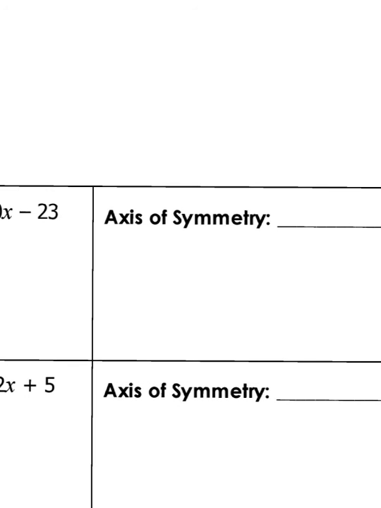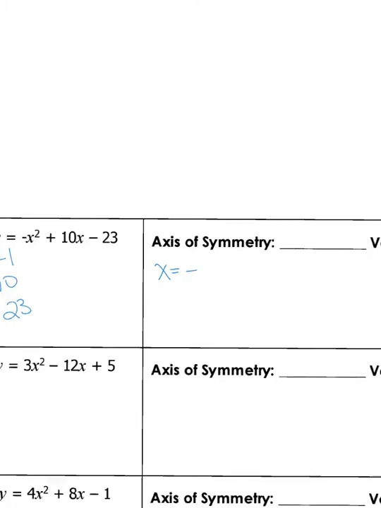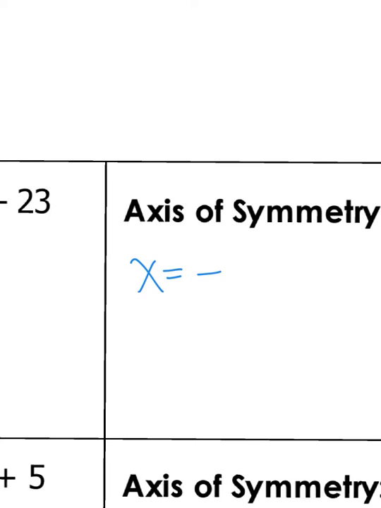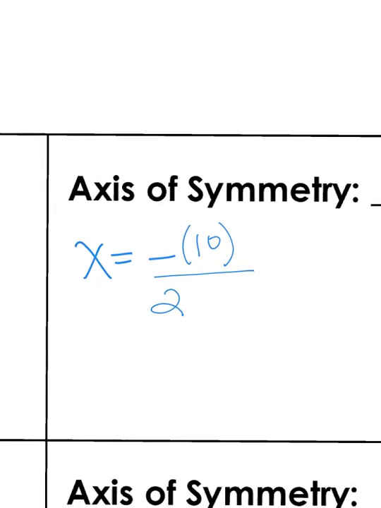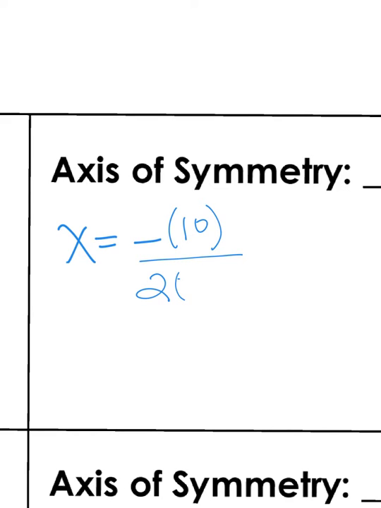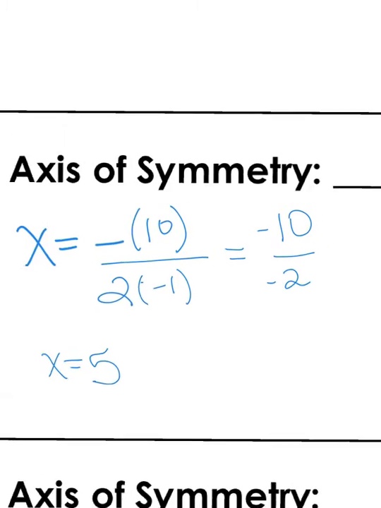So my axis of symmetry is going to be x equals negative b, so my b value was 10, put that in parentheses, divided by 2 times my a. My a value here is negative 1. So this is going to simplify to negative 10 over 2 times negative 1, which would be negative 10 over negative 2. So my axis of symmetry is going to be x equals 5.